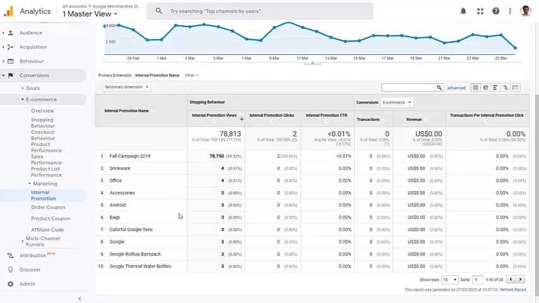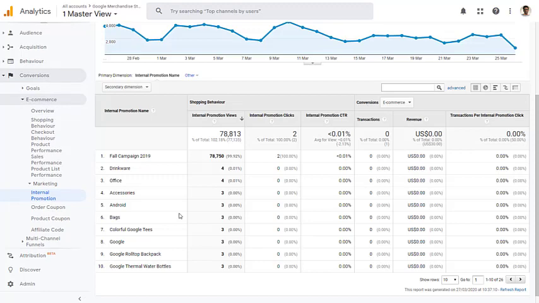But transactions 0, revenue 0, transactions per internal promotion, that is also 0. I believe they are not tracking anything after the click, which you can. If you are doing that, you will be able to see the number of orders placed because of people who have clicked on that banner.